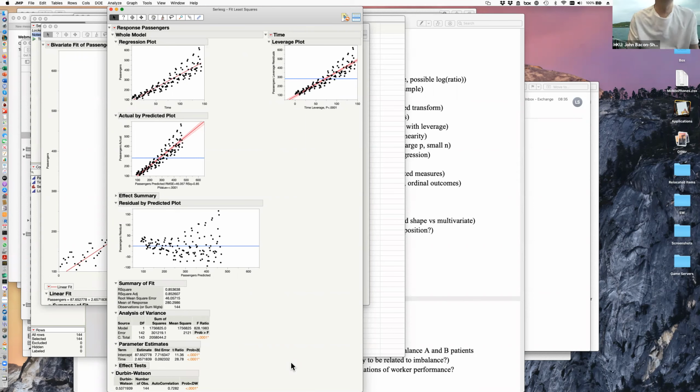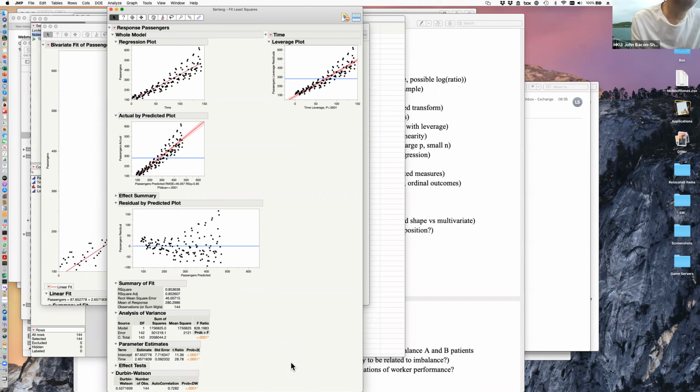In other words, successive data points, their errors are correlated with a correlation of more than 0.7. So that means the R squared is about 50%. So if I try to predict the next data point passenger from the current data point, I can already predict it with about a 50% R squared. So it's a very strong effect.